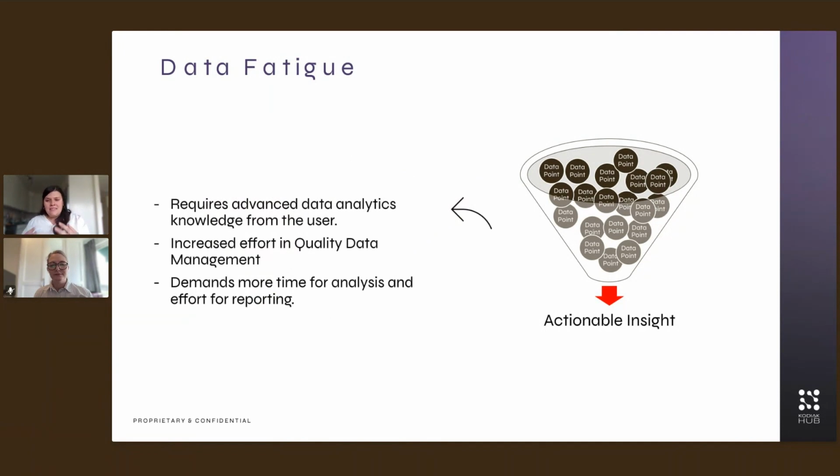If you have this type of complex system, you require advanced data analyst tools, maybe a very specialized user. Your headcount will increase. You need to make a concentrated effort on data quality as well, which is very time consuming and resource exhausting. And you will need more and more time both to analyze and to report on that data.